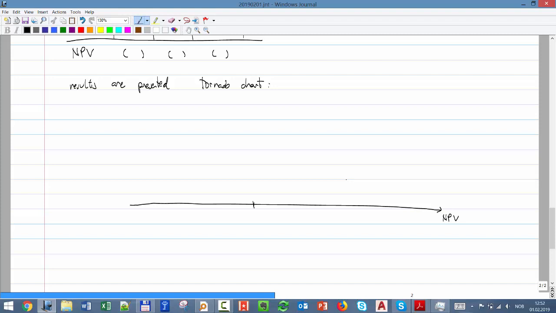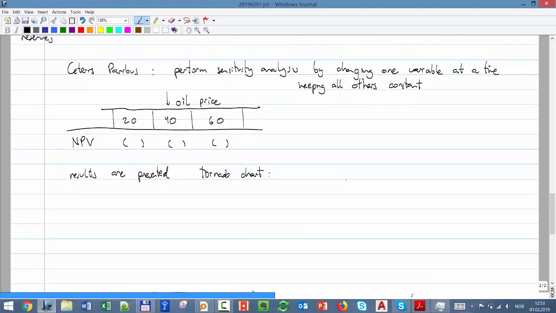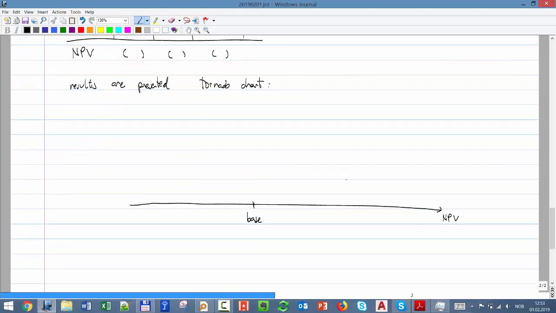And you simply locate your base case NPV, where you use 60, the regular value of capex, all the base case values. That might be, I don't know, 4 billion NOK. And to avoid the issue with SI, we say 4e9 NOK. Luckily we are engineers, so we can say it very clearly.